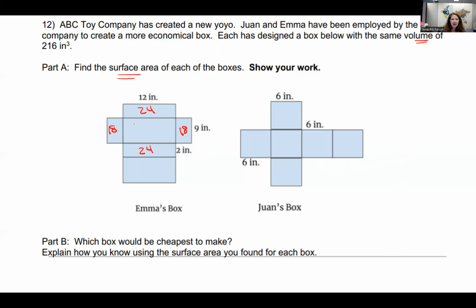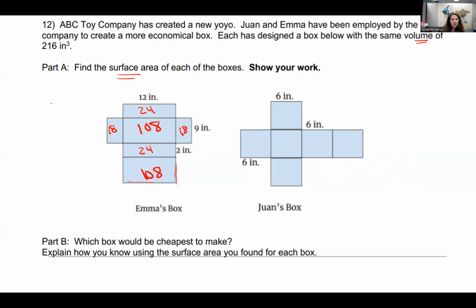And then the last one is going to be a 9 by 12. Yep, 9 by 12. So 9 times 12 is 108. So we got 2, that's 108.